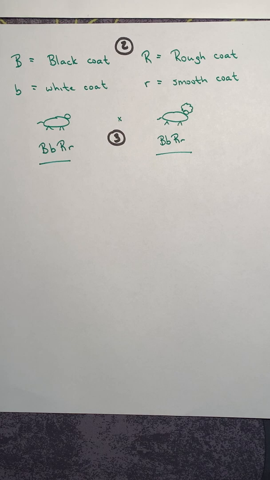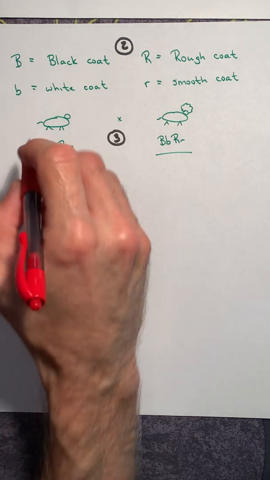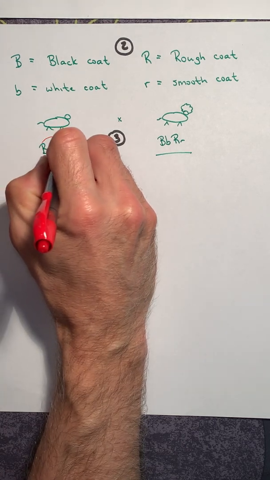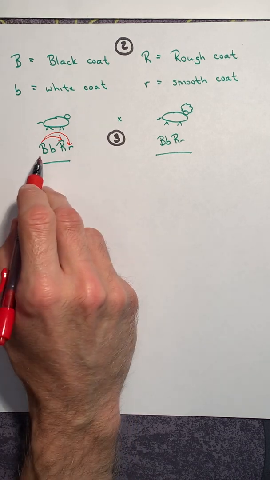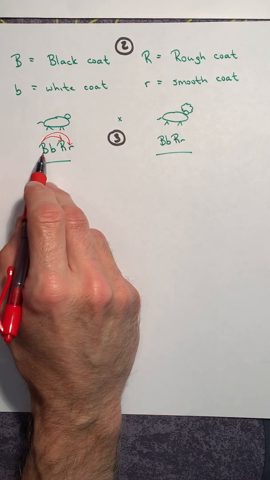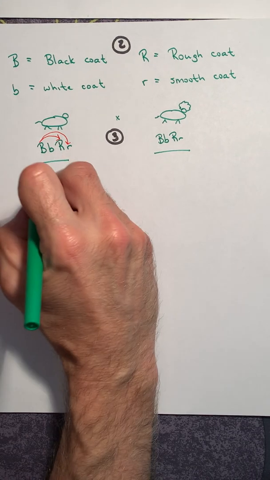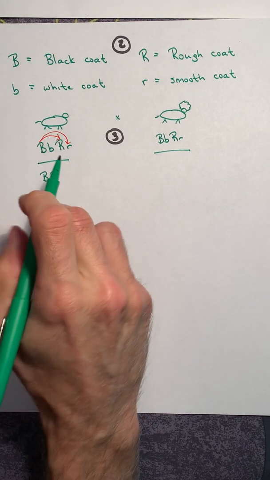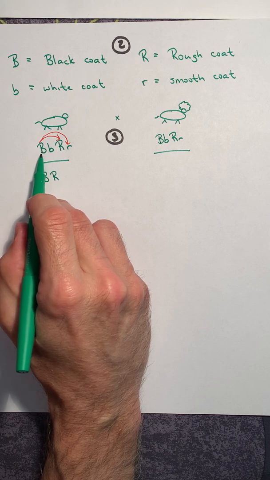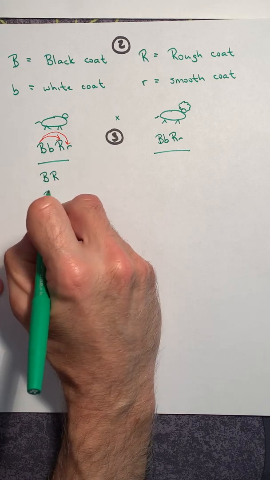And this is where, just like in your Cornell notes, you distribute as if we were in math. So you distribute the dominant B, like such. So that would be big B to big R, and then big B to little r.